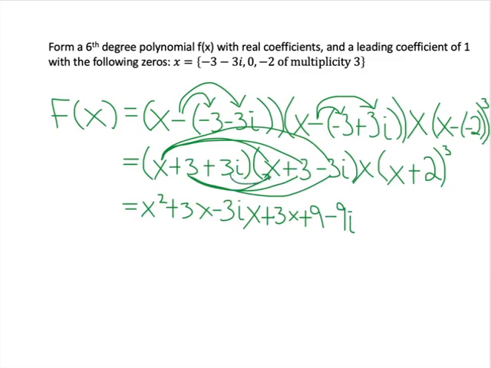And then I have 3i times x, that's 3ix. I have 3i times 3, that's 9i. I have 3i times negative 3i, that's negative 9i squared.